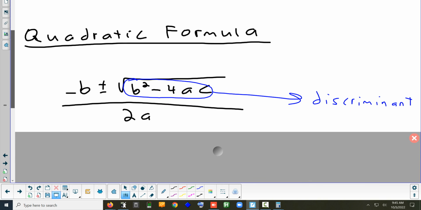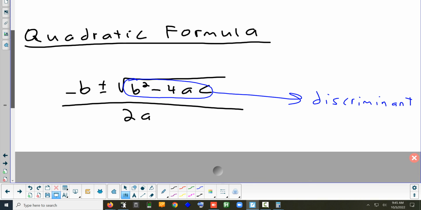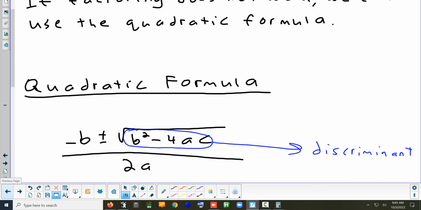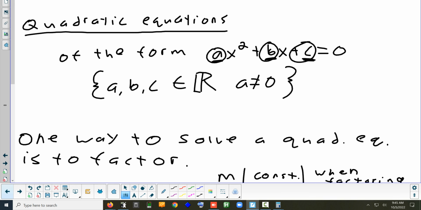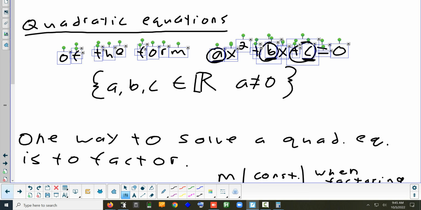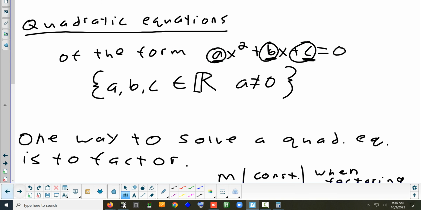Perfect. So that's the quadratic formula. The a, the b, and the c that Max just said come from the number in front of x squared, the number in front of x, and the constant. That's your a, your b, and your c.